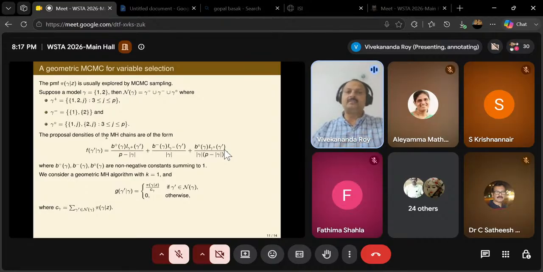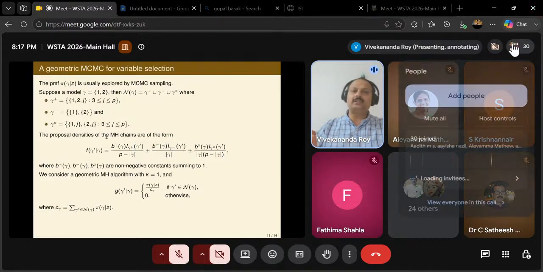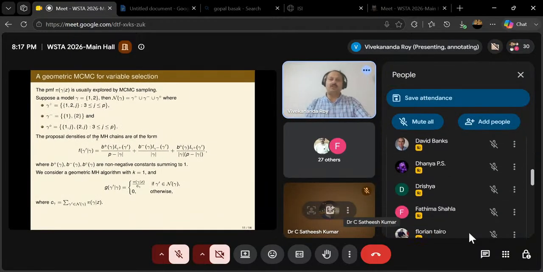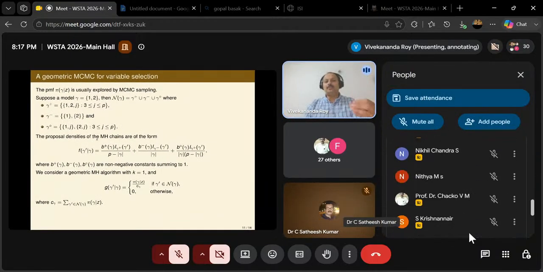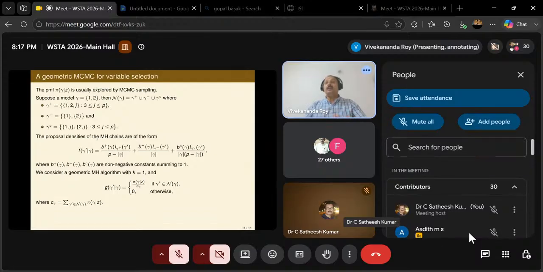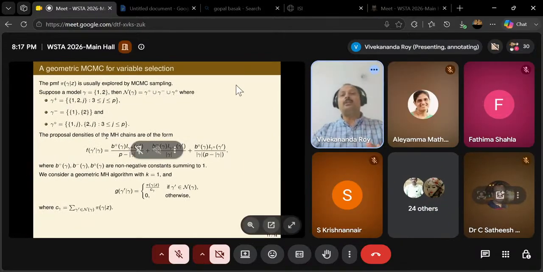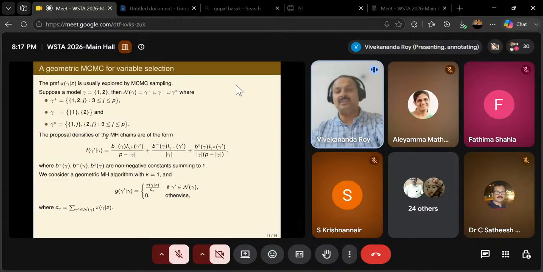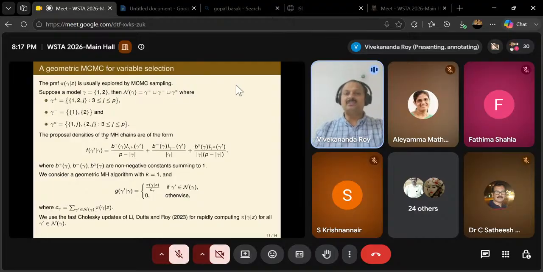Our proposal is this geometric approach, the manifold approach, where we are moving along the geodesic to a local approximation of the target pi. My local approximation of the target pi is this G, which is basically pi computed on all these neighborhoods I mentioned before, the addition, swap, and deletion models. Now, this means I have to be able to calculate all these posterior probabilities, and generally it is difficult.